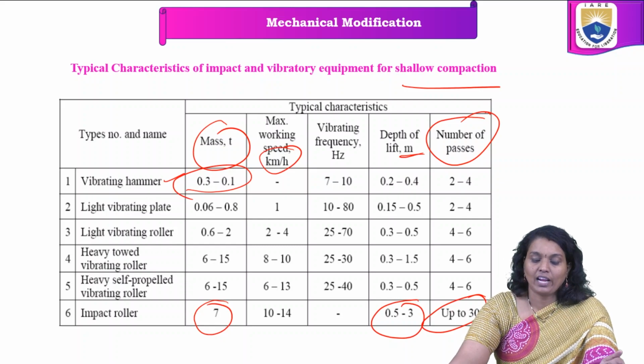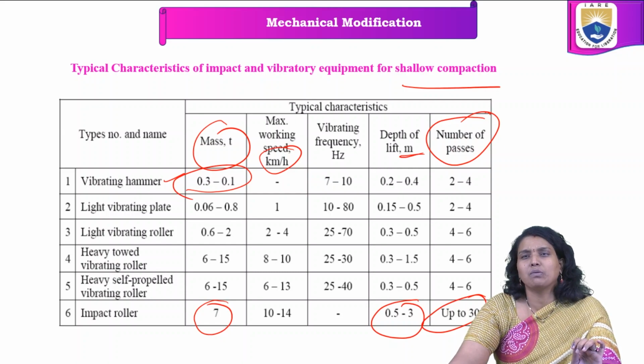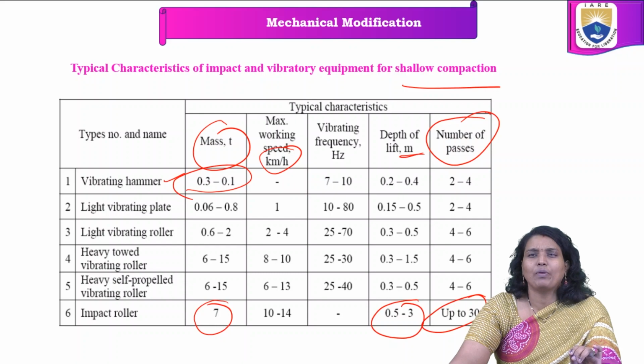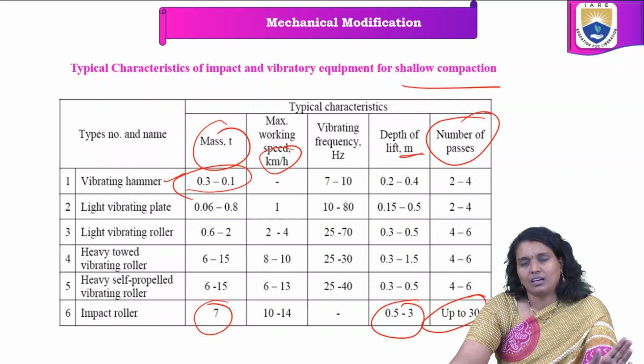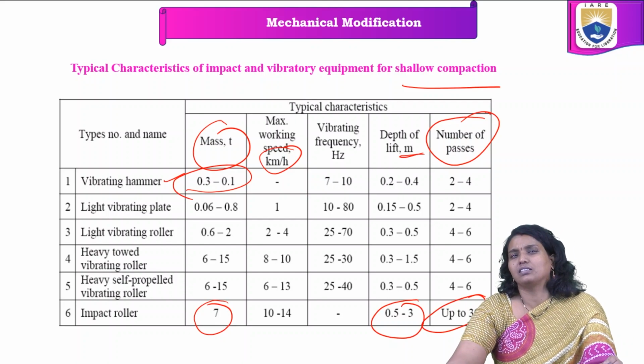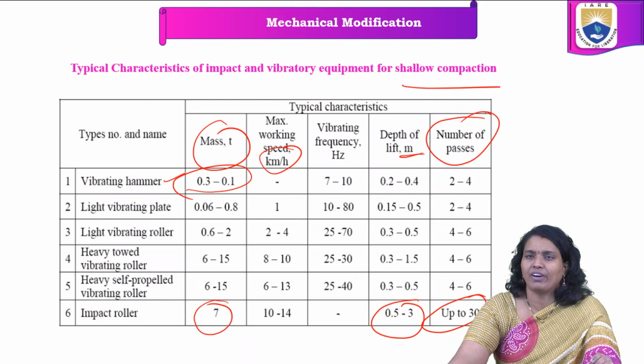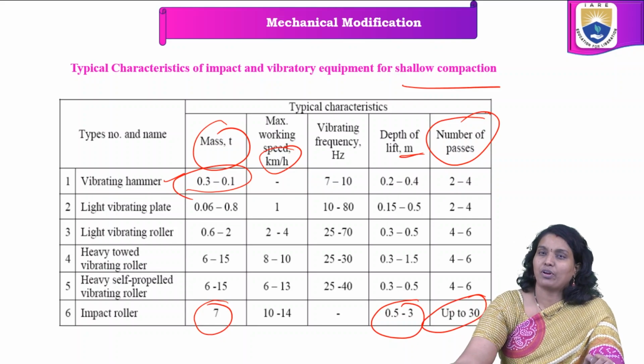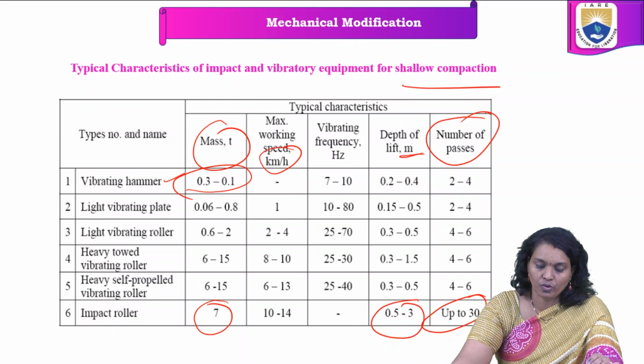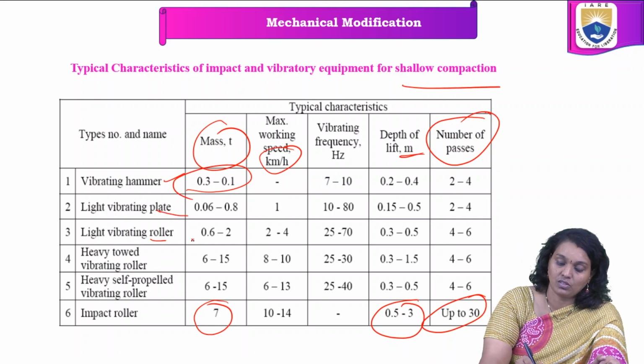Similarly, the light vibrating plate has a mass between 0.06 to 0.8, the maximum working speed is 1 kilometer per hour, the vibrating frequency is 10 to 80, the depth of compaction is 0.15 to 0.5 meter, and the number of passes is 2 to 4.